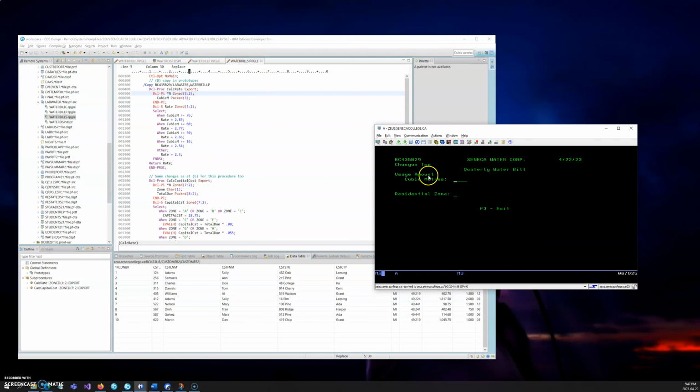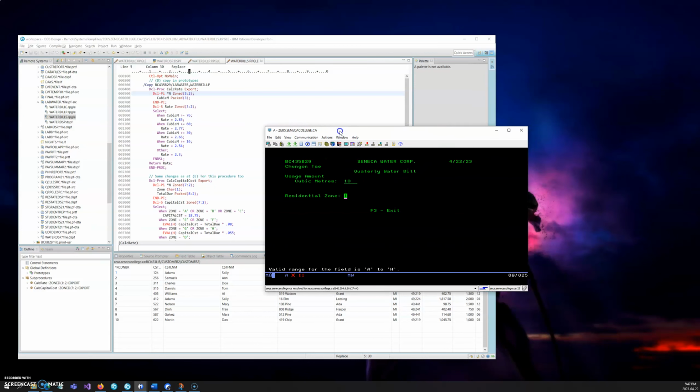So usage amount, cubic meters. Okay, let's enter something. I have no idea what this is. Okay, valid range for the field is A to H. So A converts to gallons as this number, and then we have the water charge, capital cost, recovery fee, total quarterly billing due, and so on.